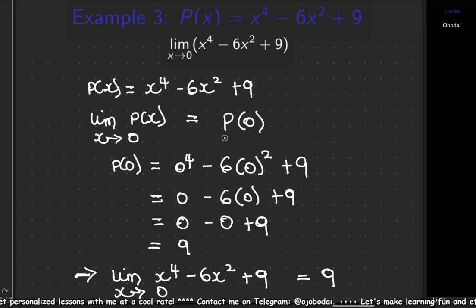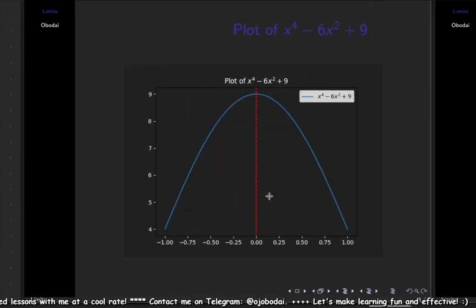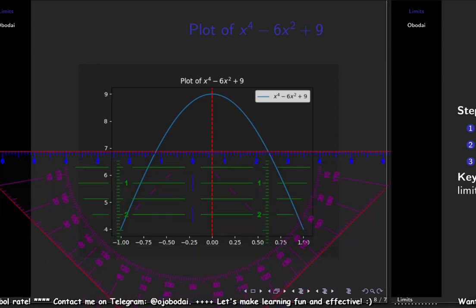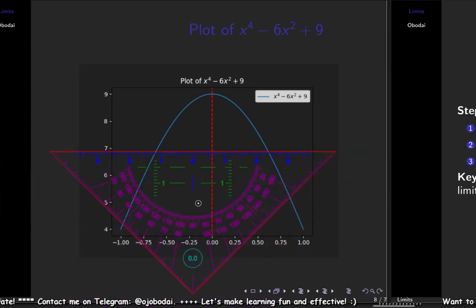So I do believe you are able to solve it. Looking at the graphics of it all, this blue line here is the polynomial function. It wanted the limit at x equals 0. Now the red line here is where we have our x equals 0.